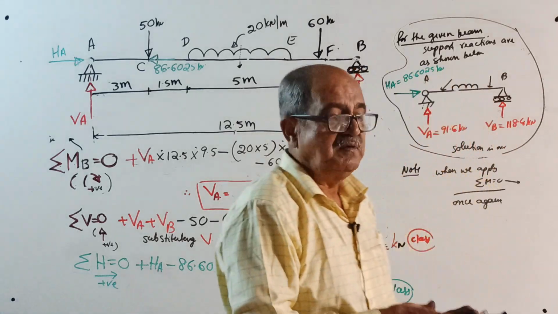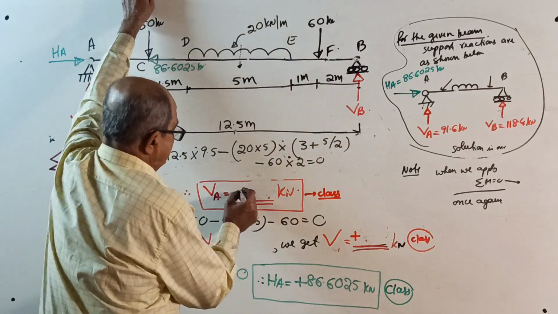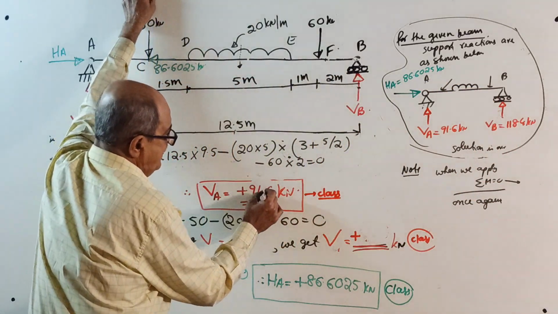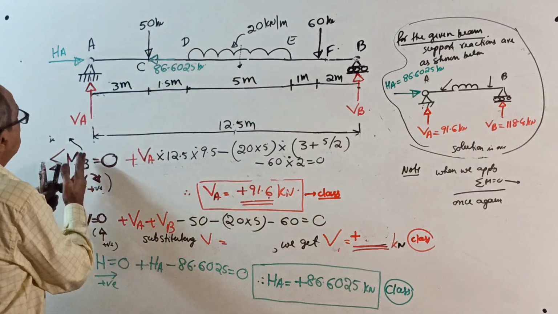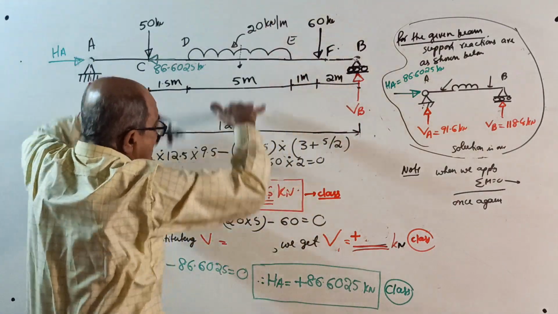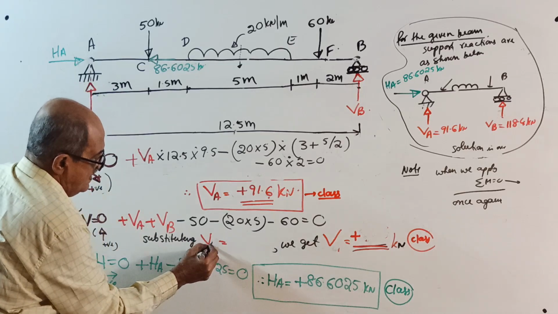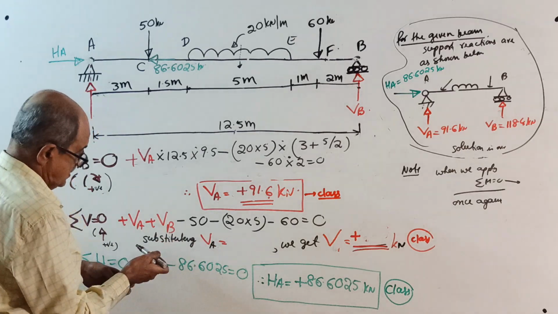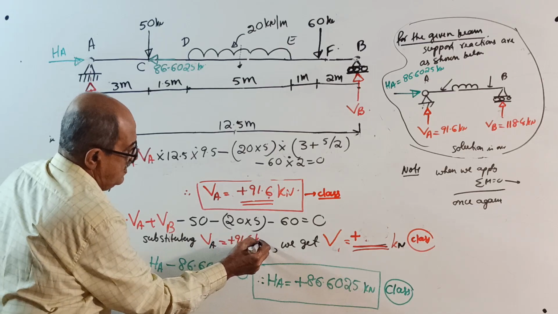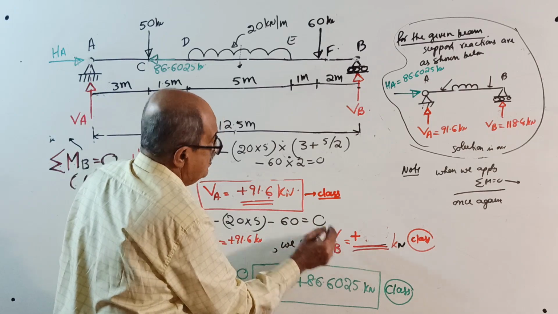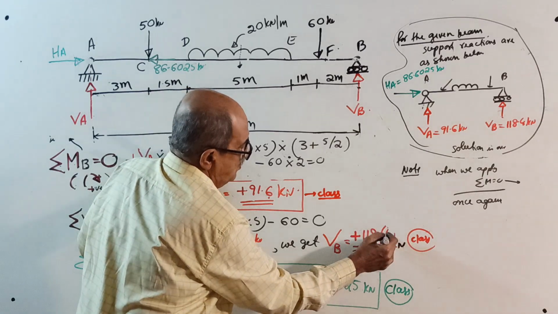Okay, I will calculate VA. See the calculation speed. Over. VA is plus 91.6 kilonewton. Sigma V equal to 0, take upward positive: VA plus VB. I already explained earlier. Substituting VA equal to plus 91.6 kilonewton, you will get VB equal to plus 118.4 kilonewton.